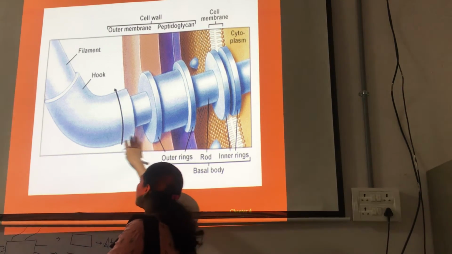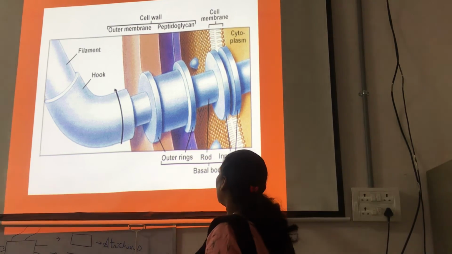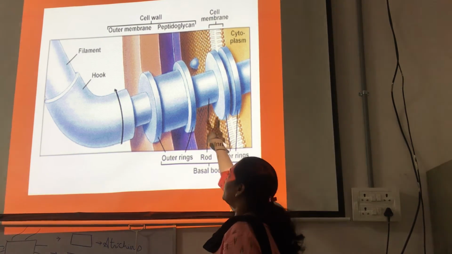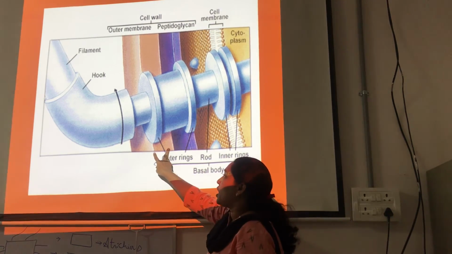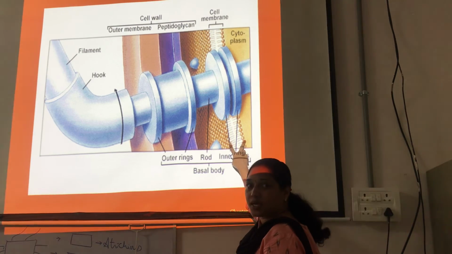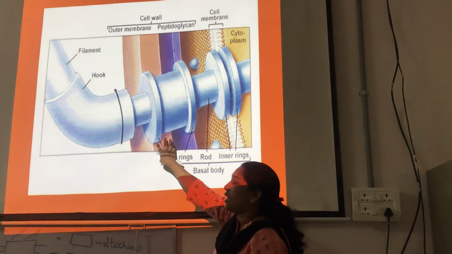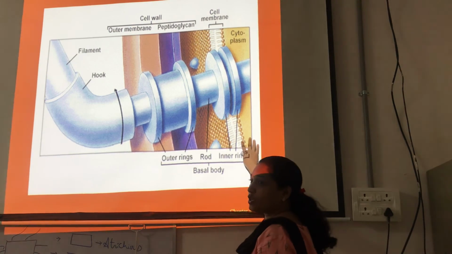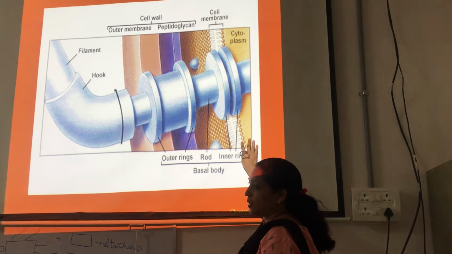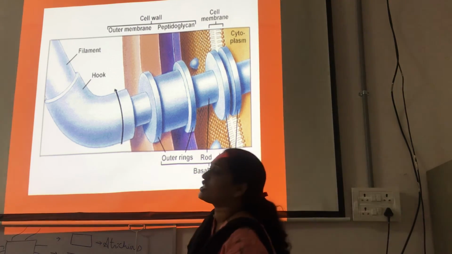Outer hair-like projections, and inside it you will have the rings, which you call outer rings and inner rings, right? And this will be a rod, and this outer ring is in the cell wall, and this is the cell membrane structure, and this is the cell wall. So 2 rings will be in the cell wall and 2 rings will be in the cell membrane, right? So this is the basal body, as you call it, and that you call a shaft.